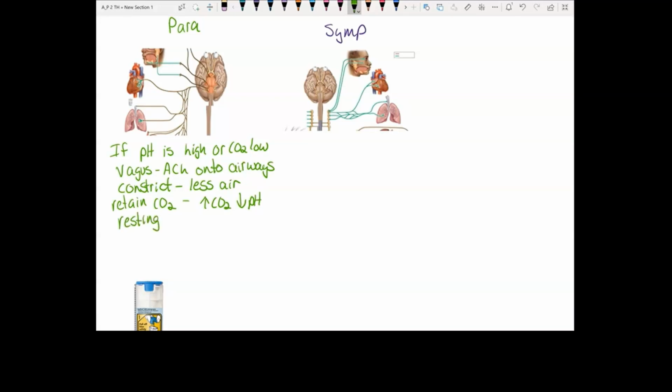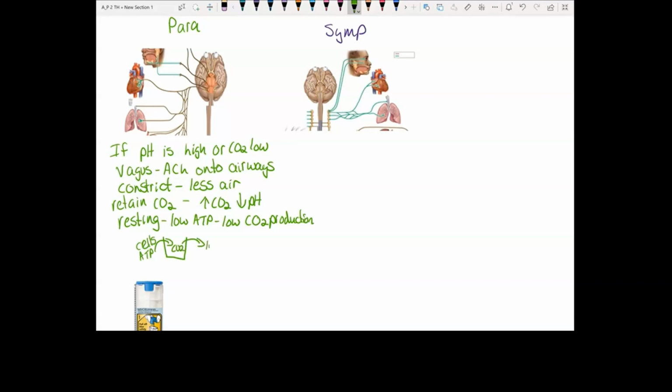Okay, remember, we went over this back in chapter 3. When you're resting, you have low ATP production, which means you have low carbon dioxide production. Okay, and remember we talked about, if you think about your blood as a bucket, your cells make ATP, and when they do, they put carbon dioxide in.